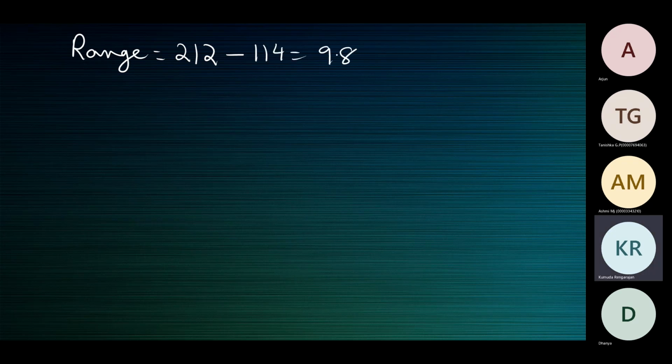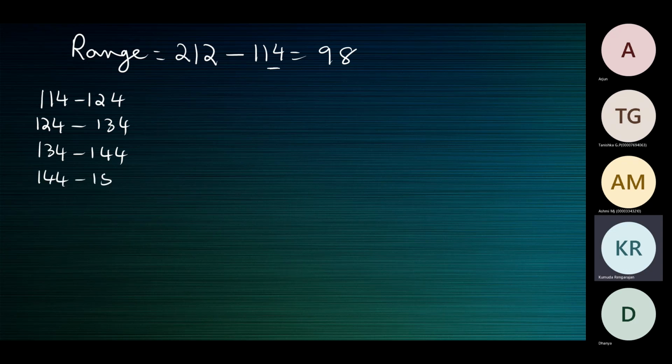98 is the range. And in the question, the instruction is to form a frequency distribution with class size 10. You can see that the lowest value is 114. So you can start from 114. 114 to 124, the first class interval. Then 124 to 134, 134 to 144, 144 to 154.